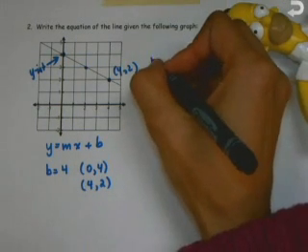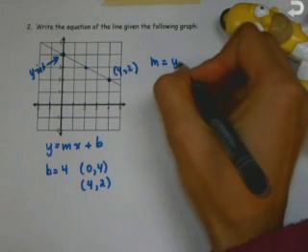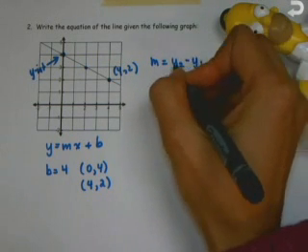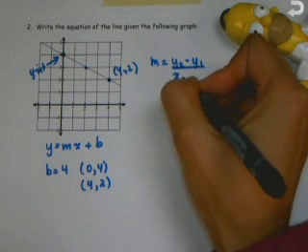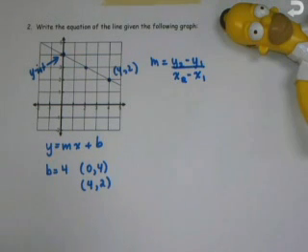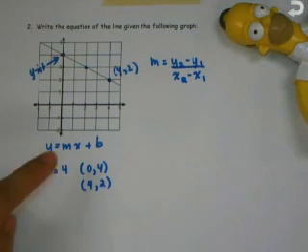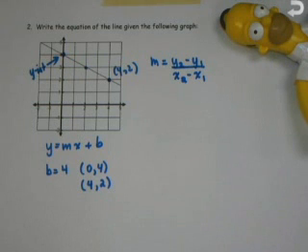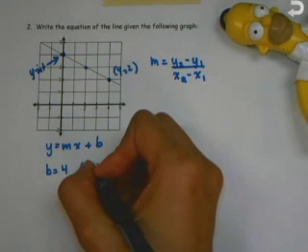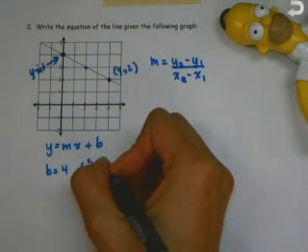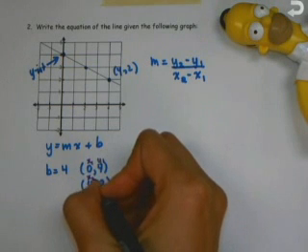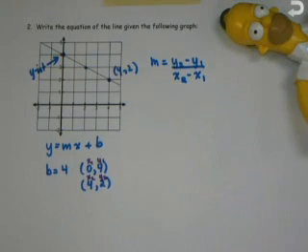Slope, m equals y2 minus y1 over x2 minus x1. Okay, so we need to label our 2 points. Which one's going to be our x1, y1, and x2, y2? Once we have those points, let's substitute them in.